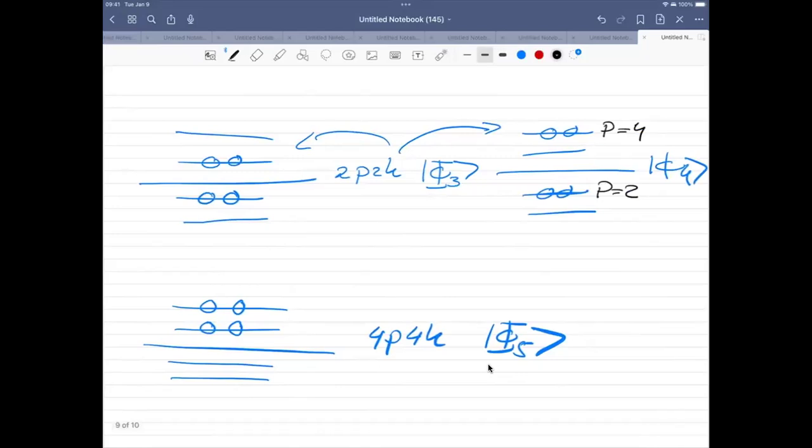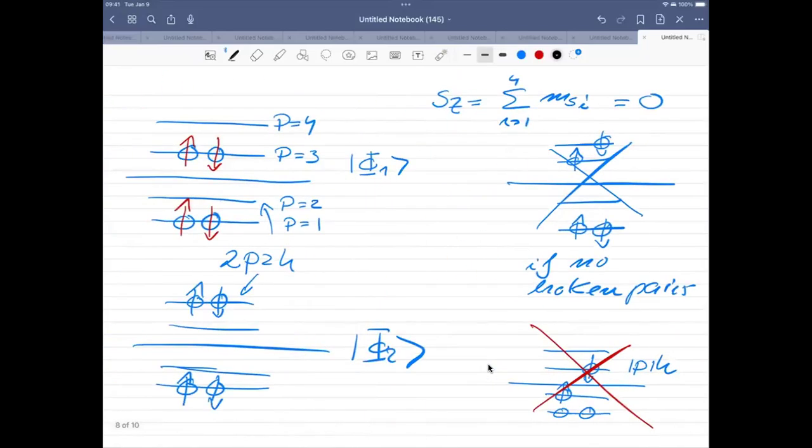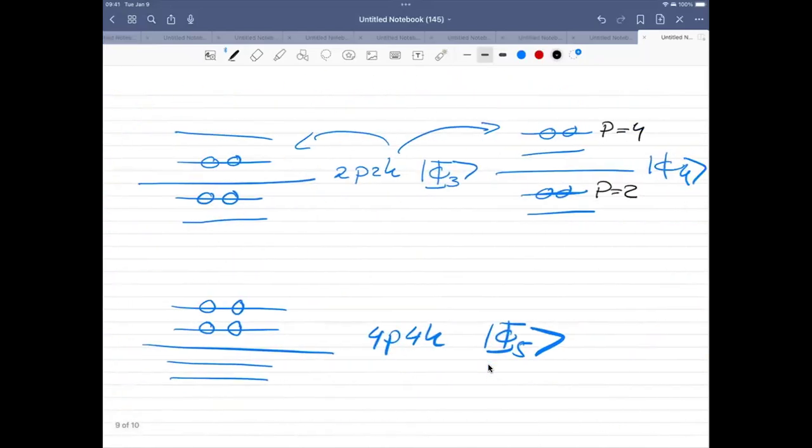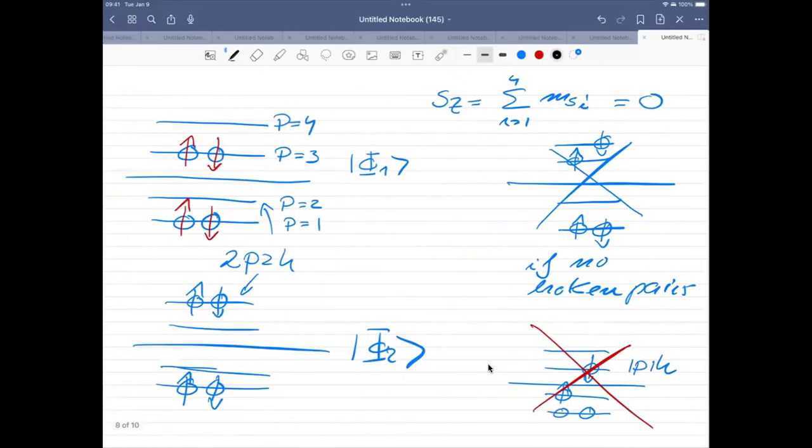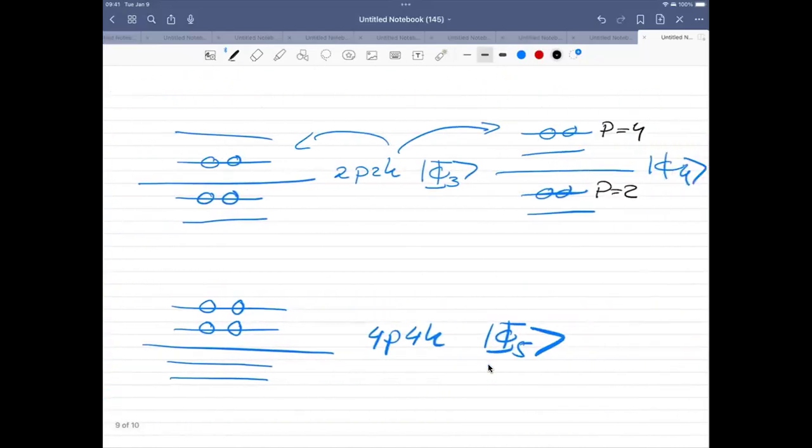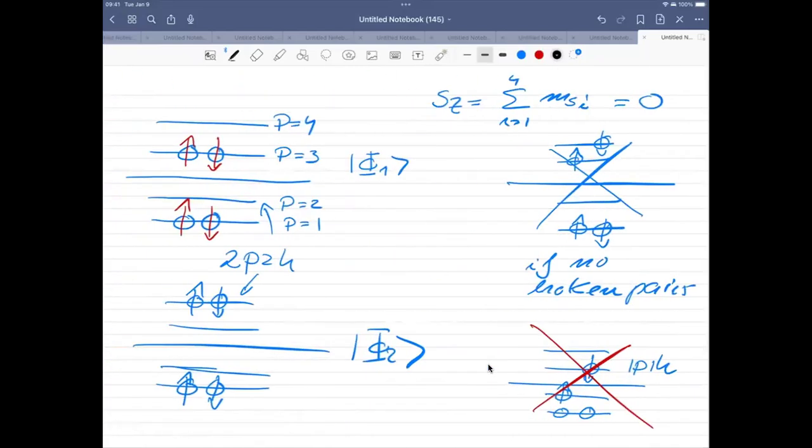If you take the overlap between phi 4 and this specific state, phi 2 here, no, not phi 2, I actually meant the state phi 1.